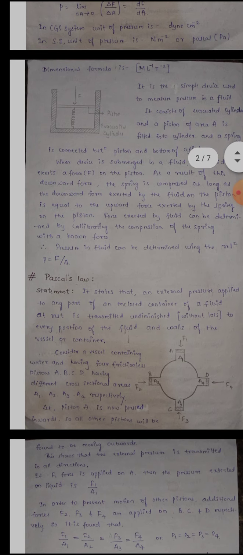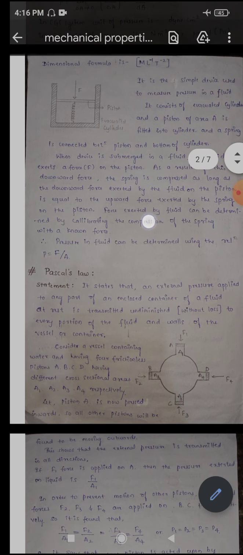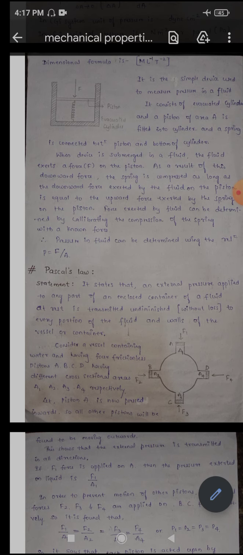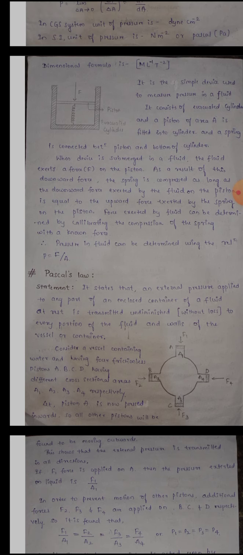As the piston starts to move downward, the spring starts to exert a restoring force. We know about the restoring force. When the piston moves downward because of the force of the fluid, the spring exerts an opposite force in the upward direction.